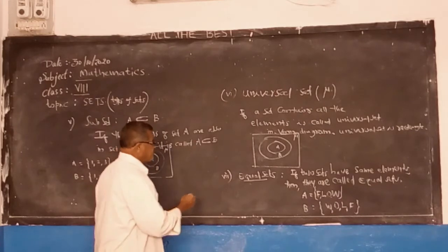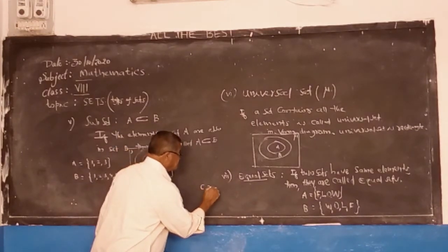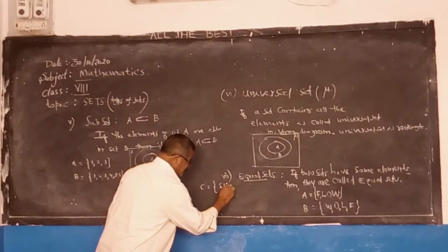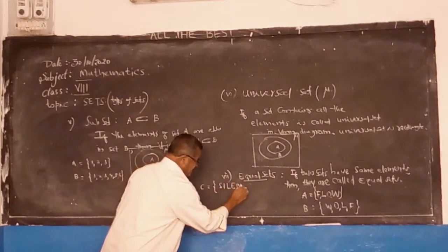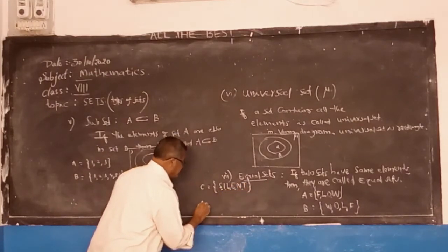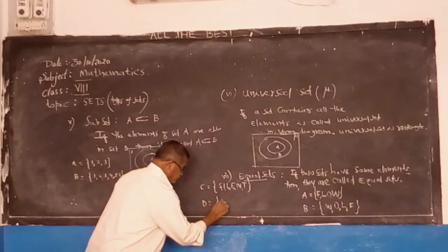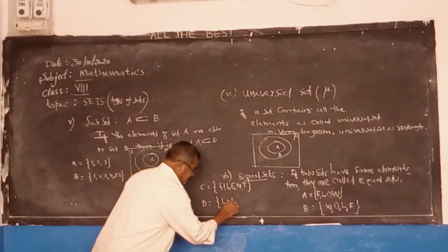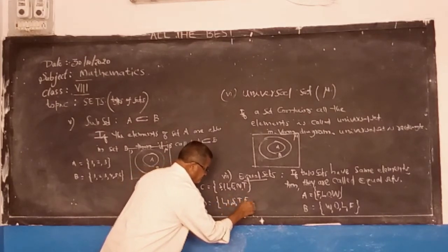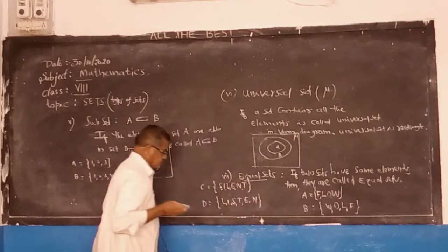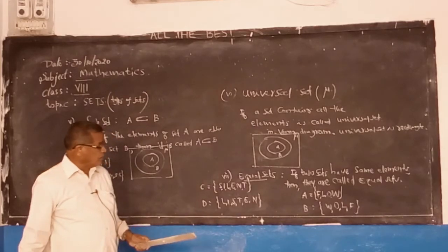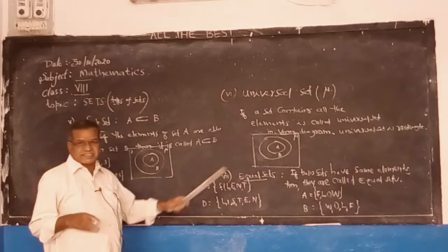And then set C, silent, S-I-L-E-N-T, and set D, listen, L-I-S-T-E-N. Silent, listen. These are examples of equal sets.